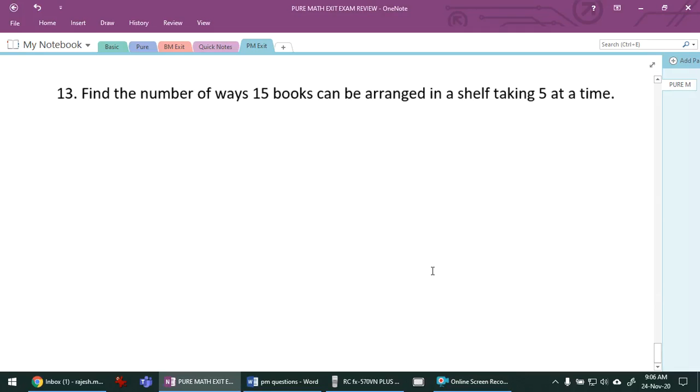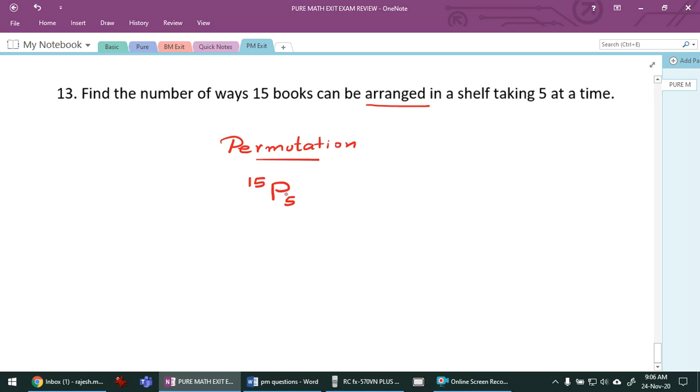Question number 13. Find the number of ways 15 books can be arranged in a shelf taking 5 at a time. So here we are using the word arranged. Whenever the word arranged comes, it is always permutation. So here the answer is 15P5.